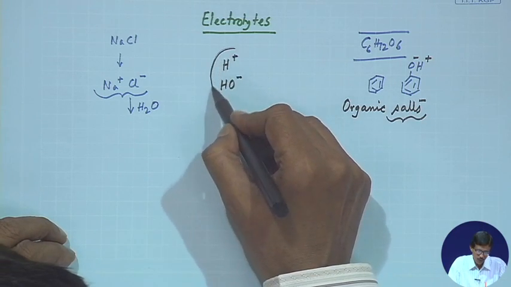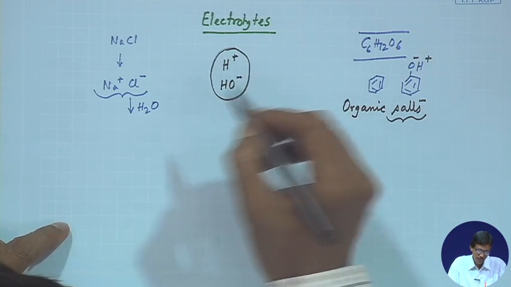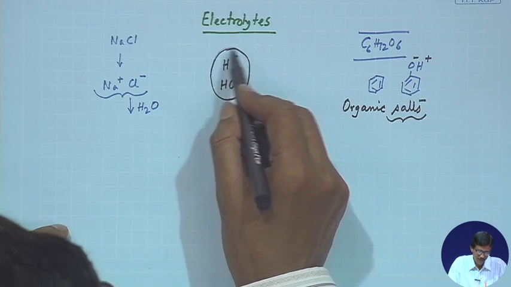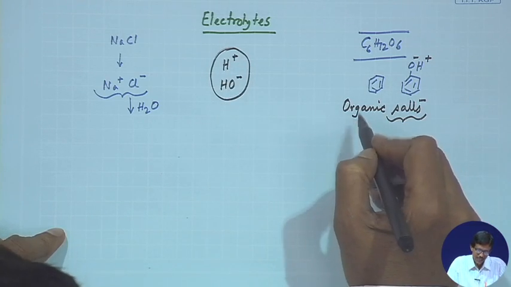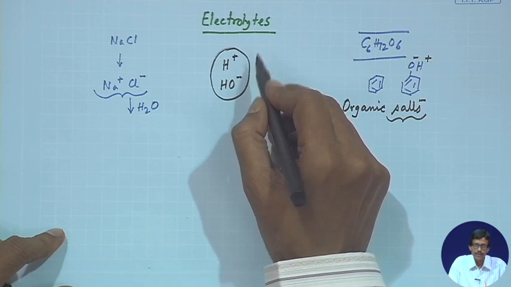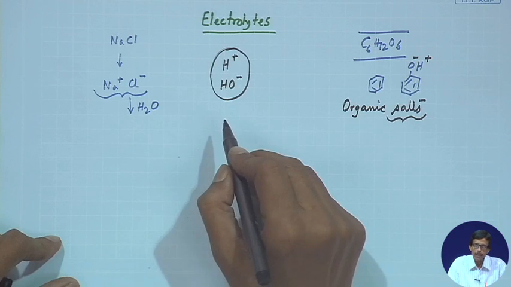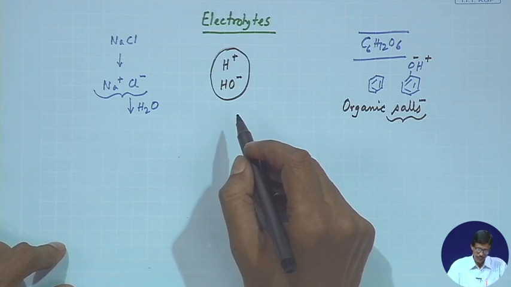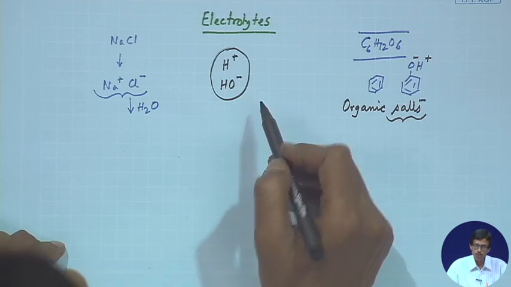This is your water medium, and if something gives you H plus and something gives you HO minus, that is an acid and the corresponding base. If they react together like A plus B forming C plus D, similarly acid plus base can react, giving rise to salt plus water.